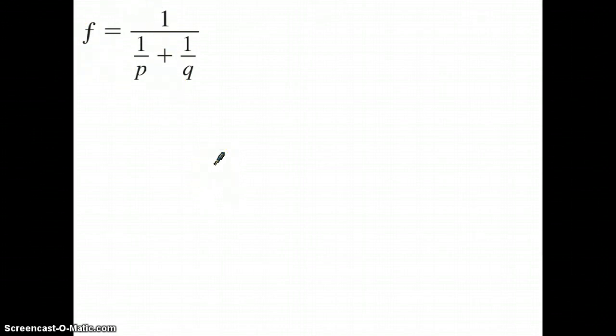Well, that's a little messy, so we want to try to clean it up a little bit and make it look a little nicer. So once again, we find a common denominator for all of our fractions. The top one's just 1 over 1, so we don't need anything. Here we have a denominator of P and a denominator of Q, so our common denominator is PQ.